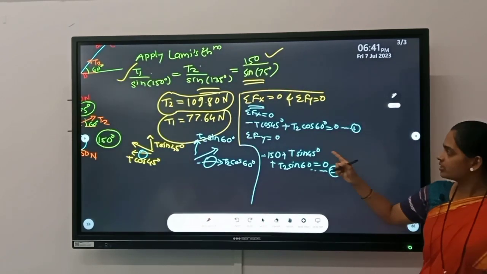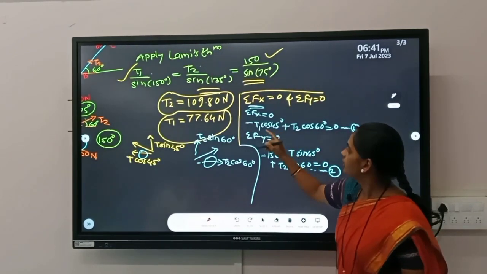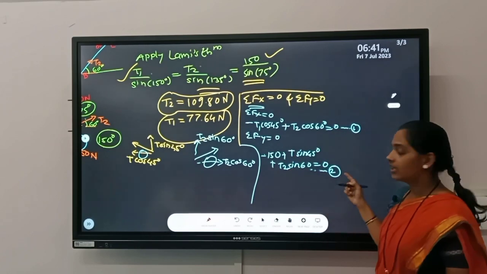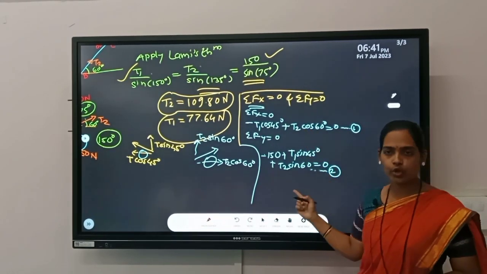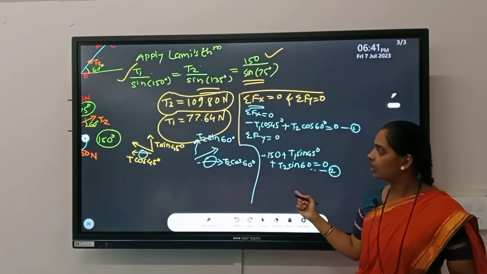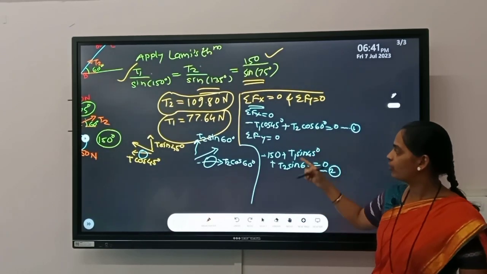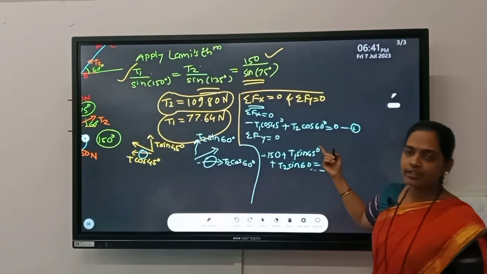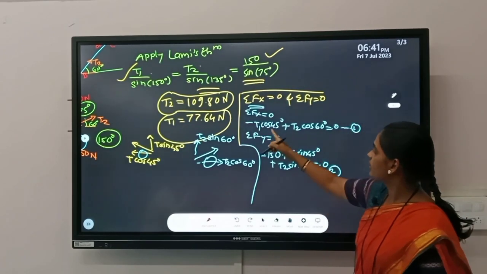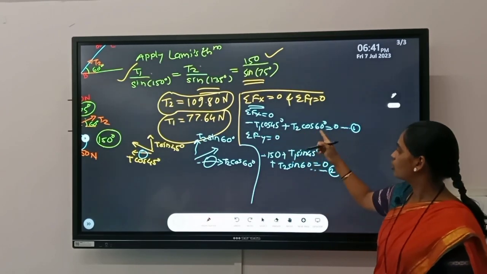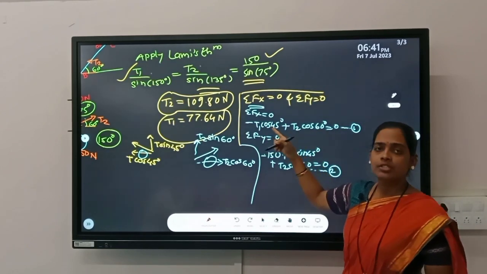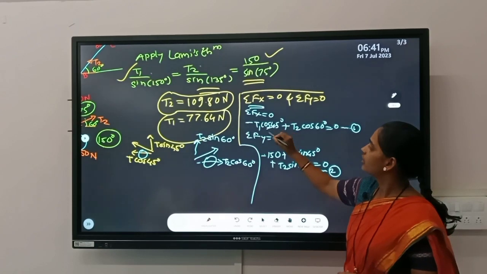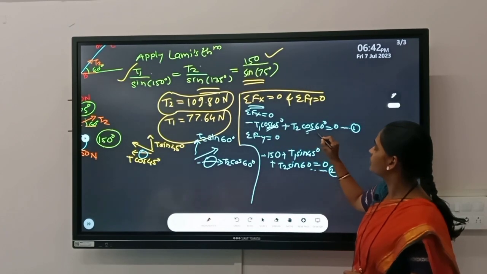Since we have two equations in terms of T1 and T2, that is two equations and two unknowns, you can solve it mathematically. So just solve it and tell me the value of T1. In equation 1 we have T1 cos of 45 and T2 cos of 60, so just substitute the values for cos 45 and cos 60.